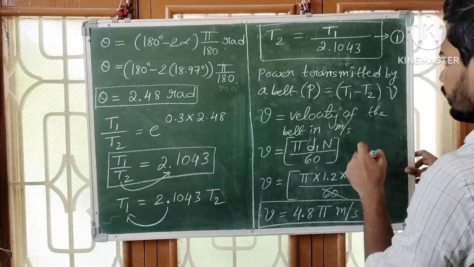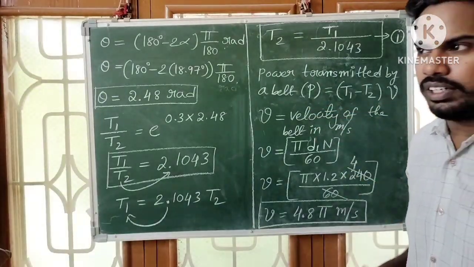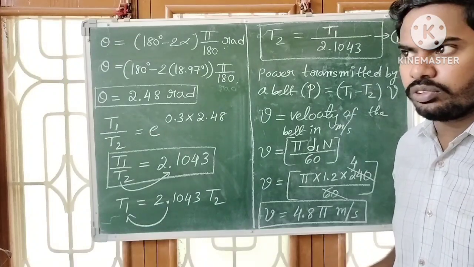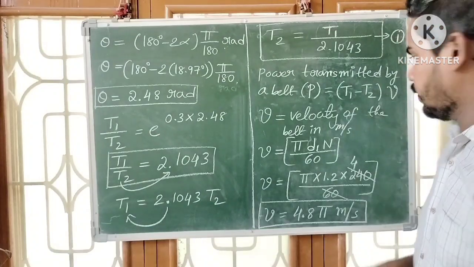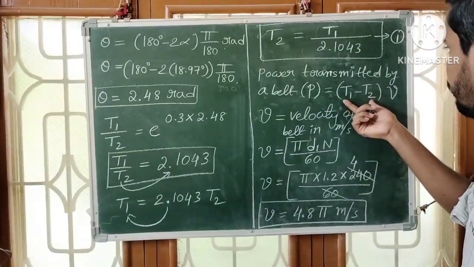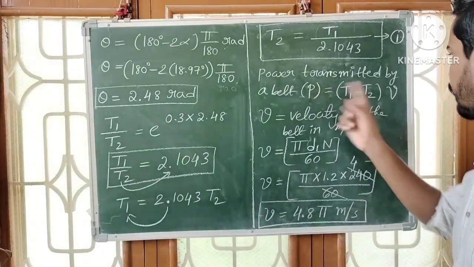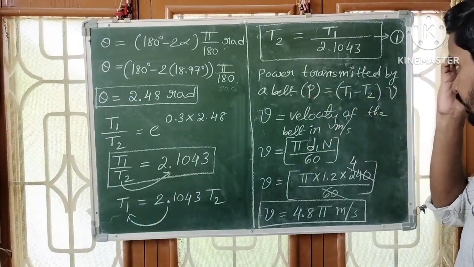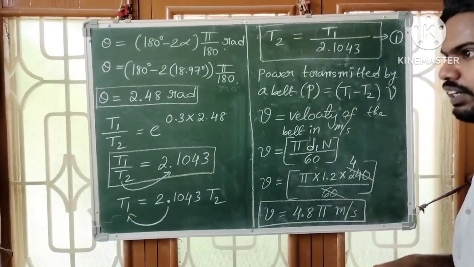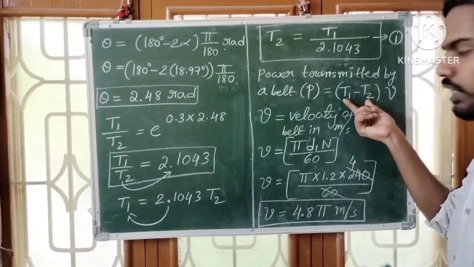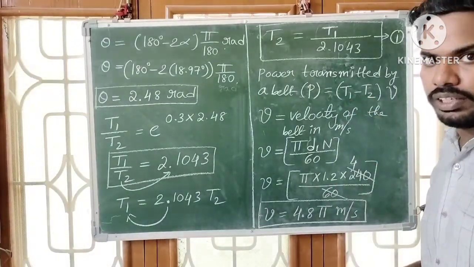Power is already given. So power transmitted by the belt, how much is given? 9.5 kilowatts. So in watts, 9,500 watts. Now we can find T1 minus T2 from this formula.